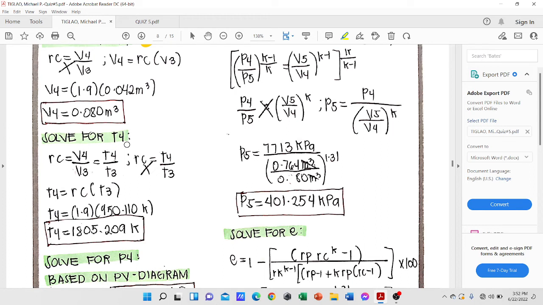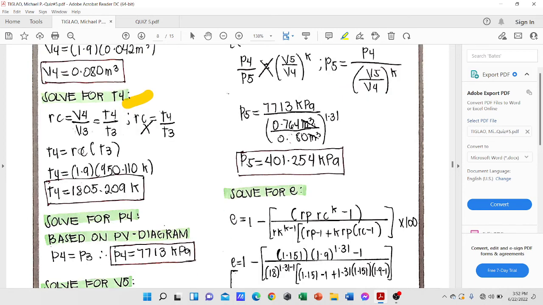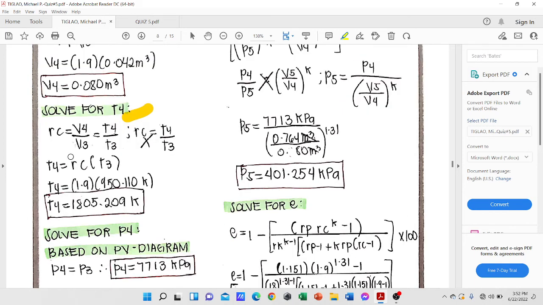Then, sa temperature 4, ginamit kong formula is RC is equals to V4 all over V3. We know naman yung RC equal din yan sa T4 all over T3. Kasi yung process dito, masasabi natin na equal din siya sa T4 all over T3 kasi constant pressure.